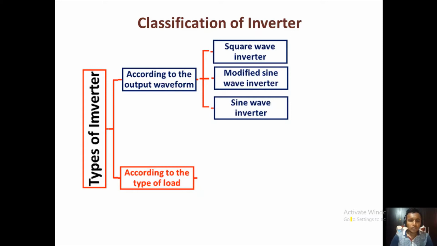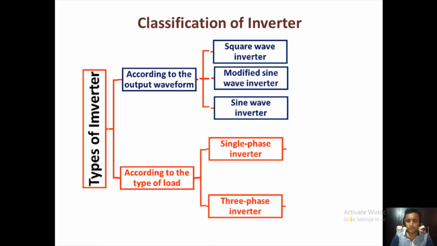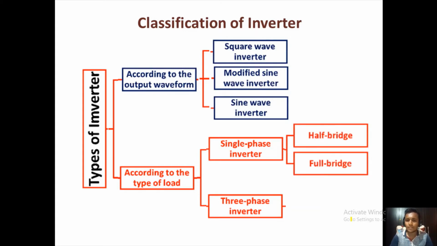Now according to the type of load, it can be classified in two ways. A load may be single phase or three phase, so it can be classified as a single phase inverter or a three phase inverter. A single phase inverter is also classified in two ways, that is a half bridge inverter and a full bridge inverter.